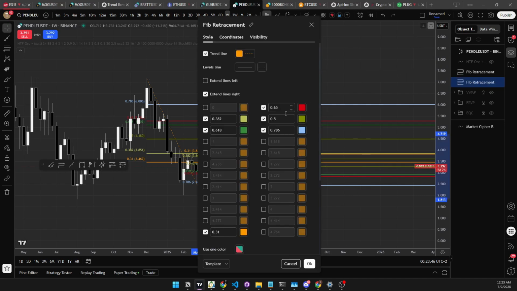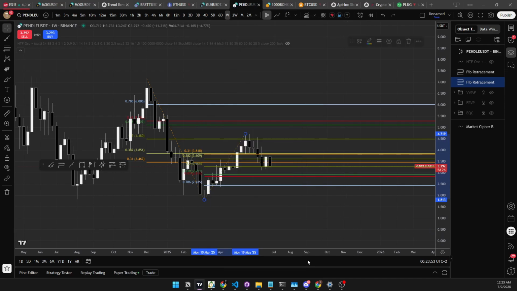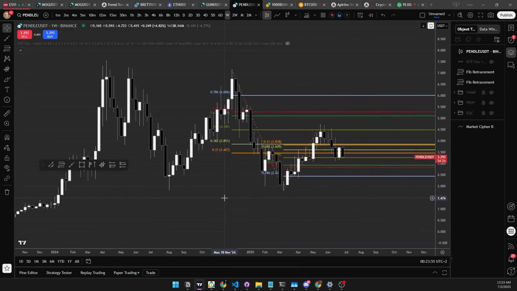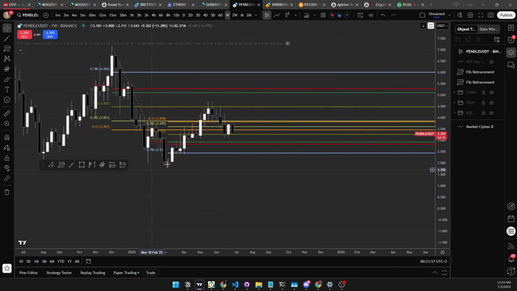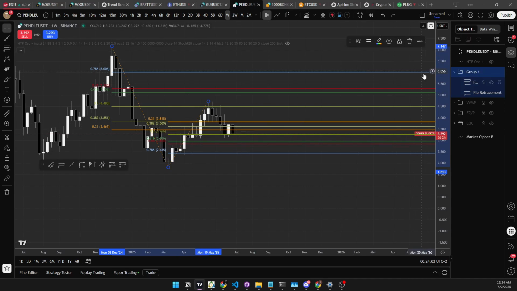To be honest, no, I don't. You know what? Just leave it as is, and that should be enough for Fibs, right? Because they are really just tight together here, so we don't want too many zones going on. Yeah. Fib.